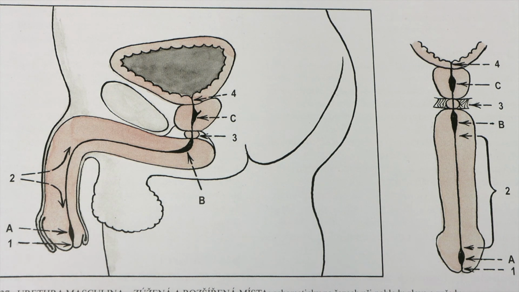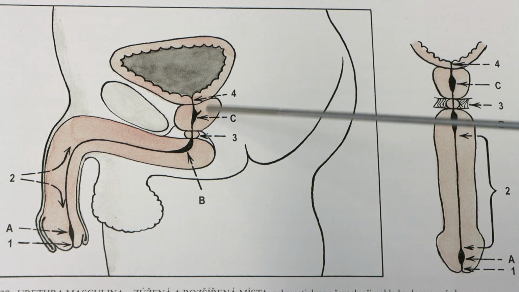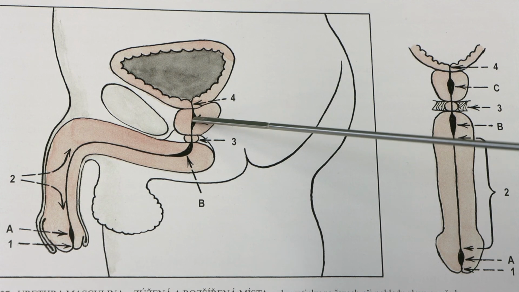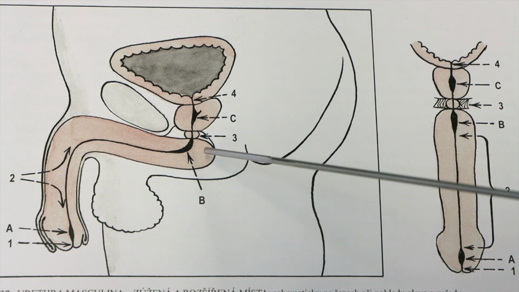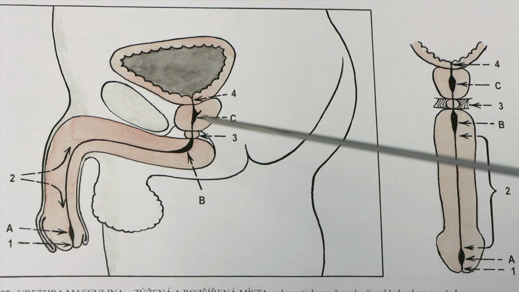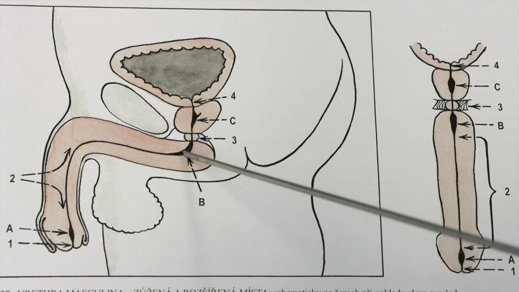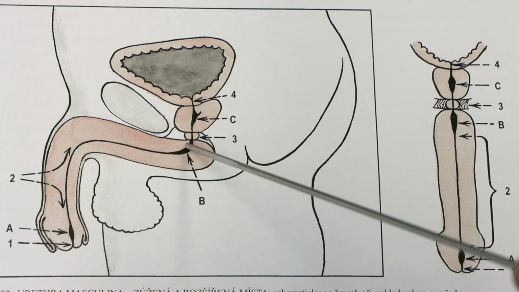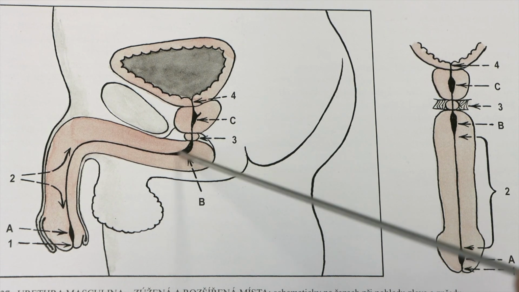Regarding the passage of the urethra, one widening part is in the prostatic part. The other widening part is at the beginning of the spongy part, which is called the urethral ampulla.